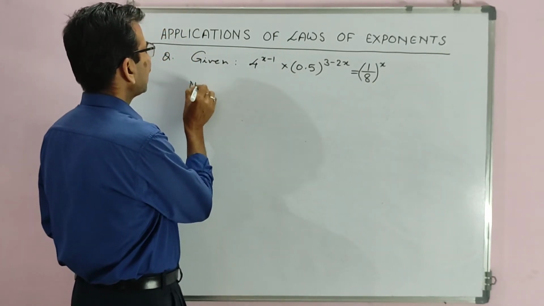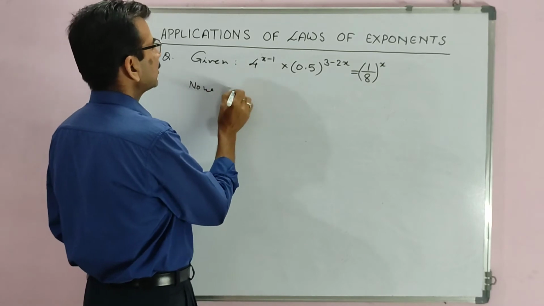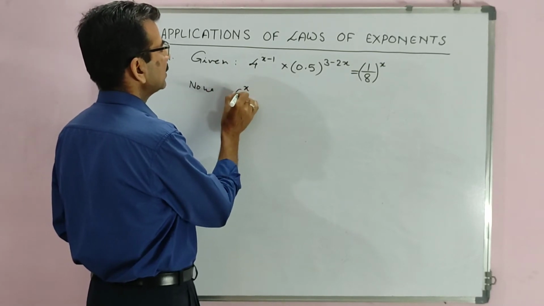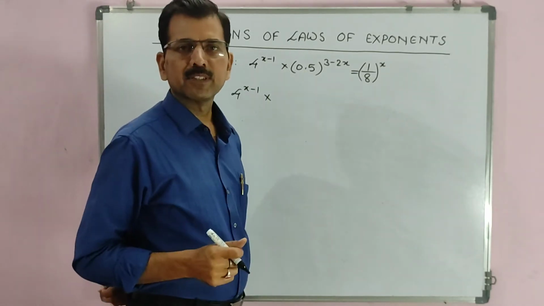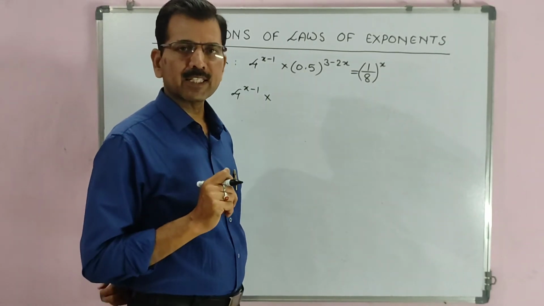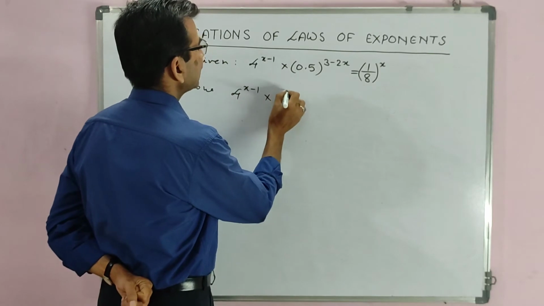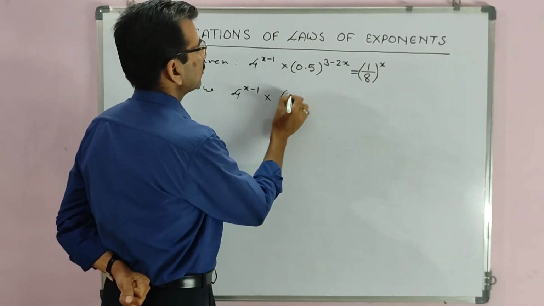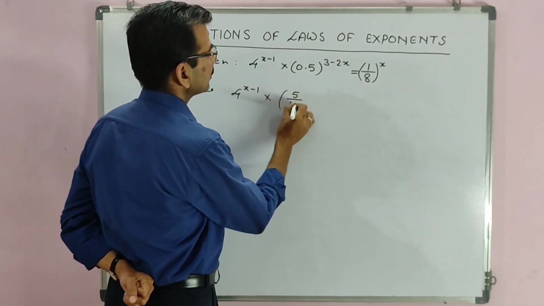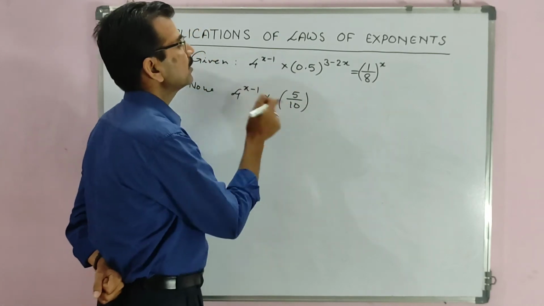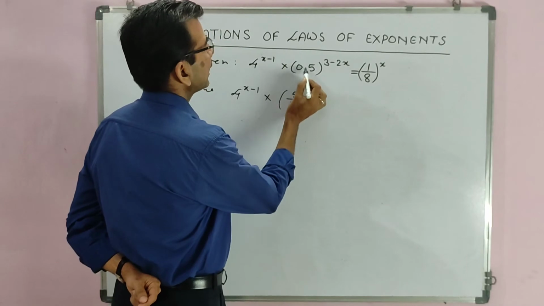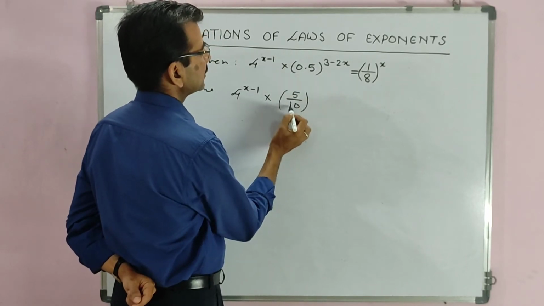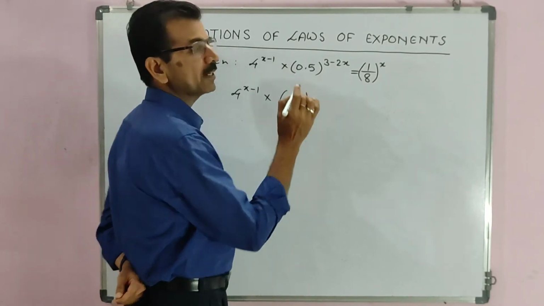So writing now 4 raised to power x minus 1 into this 0.5. What can we write for 0.5? Yes, we can write 5 upon 10. You know how to convert a decimal into a fraction: we write 1 for the decimal point and 0 for each remaining digit.